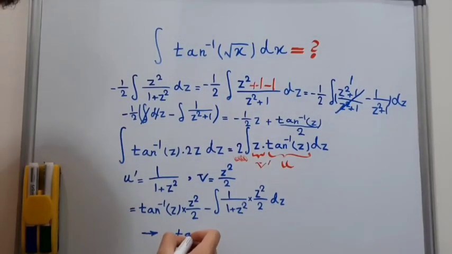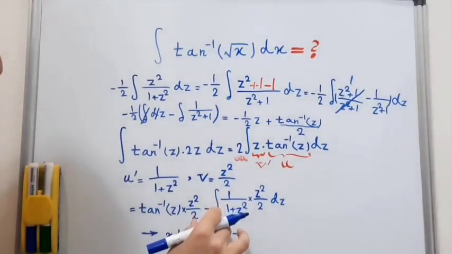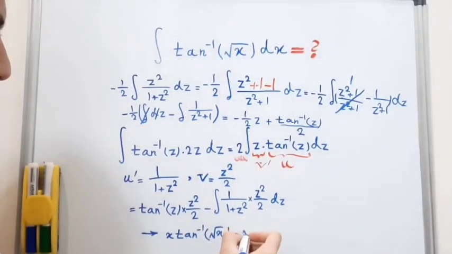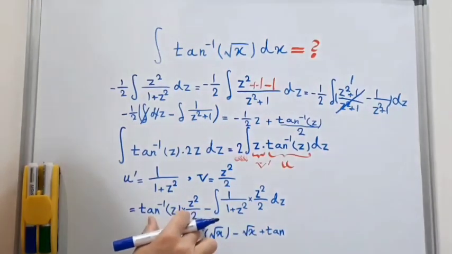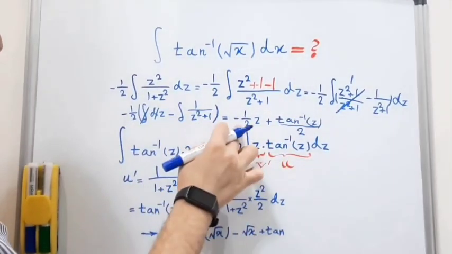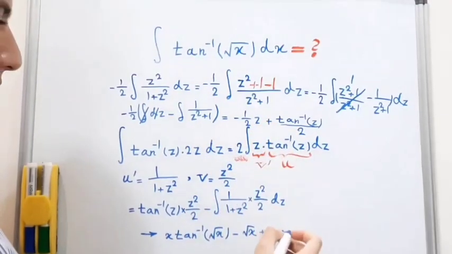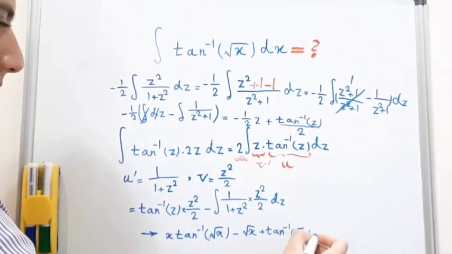x tangent inverse root 2x minus, I just forgot that, minus root 2x plus tangent inverse root 2x plus c.